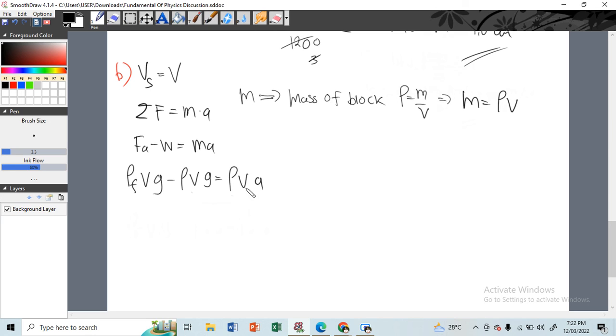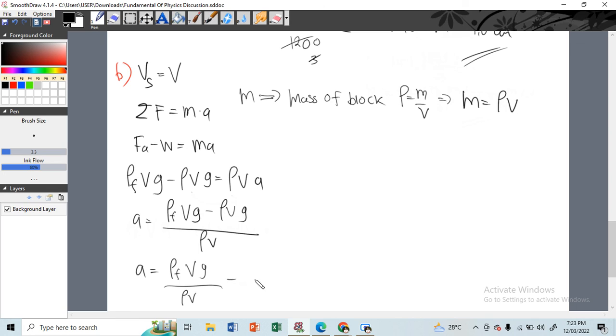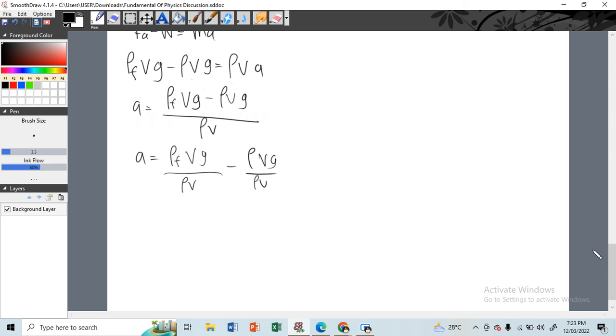Now, because what we want to find is the magnitude of a, let's move this rho V to the left side. So we get rho f V g minus rho V g, divided by rho V. Now we could change this equation to rho f V g per rho V minus rho V g per rho V. It's just the same, right?